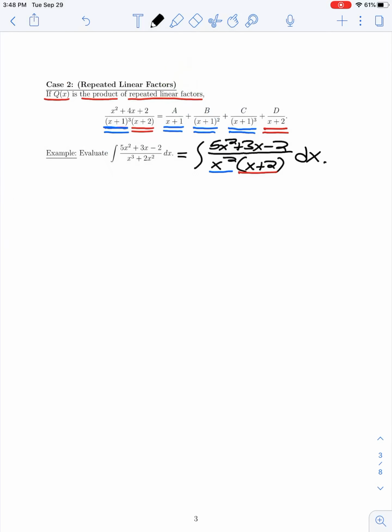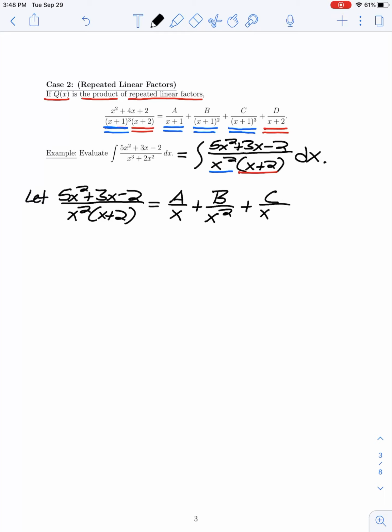So in this case, we could decompose our function into a partial fraction decomposition of the form a over x plus b over x squared, since we had a repeated factor of x, and then plus c over that last linear factor x plus 2.